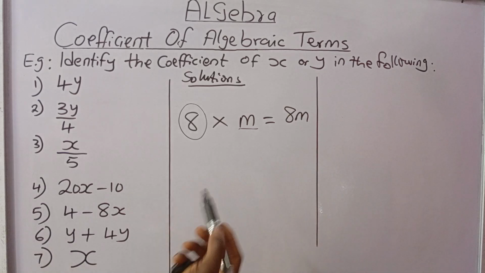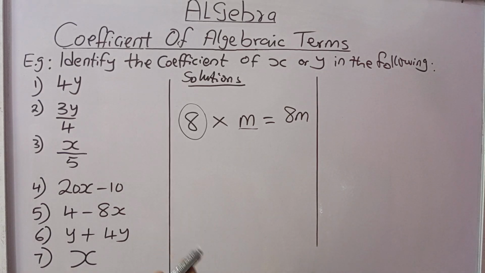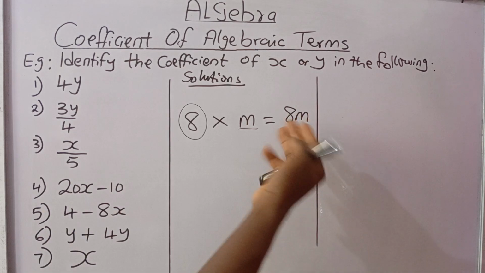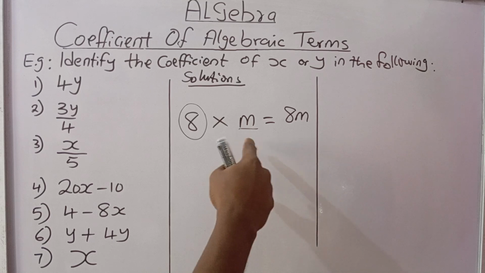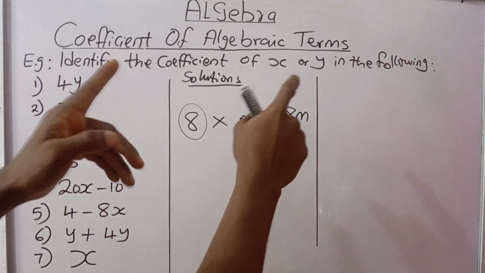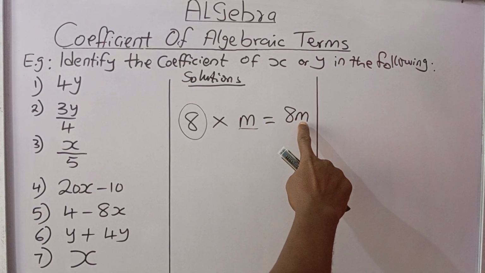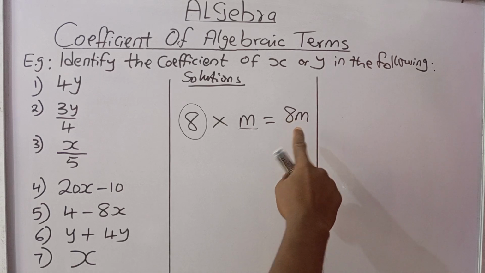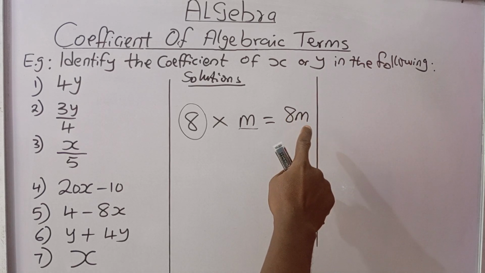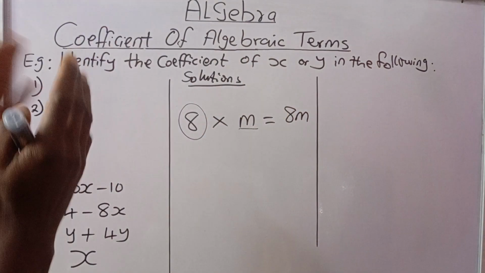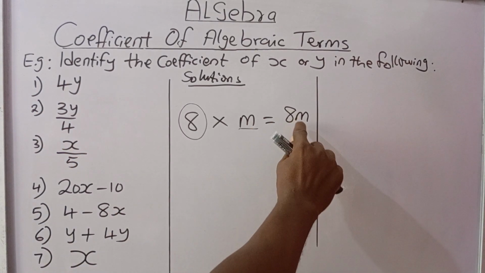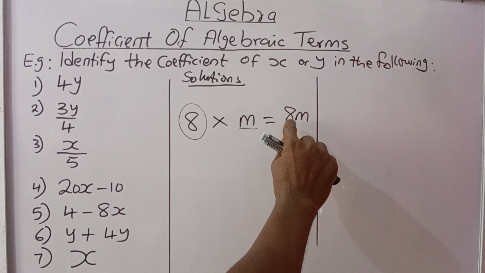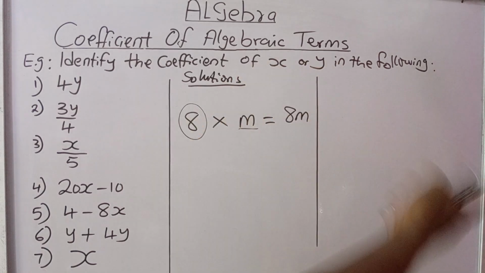So the number or the letter that multiplies a certain number or alphabet to get the product is the coefficient of one another. In this case now, 8 times m will give us 8m. The coefficient of m is 8. I can put it this way, the coefficient of 8 is m. So it has to be a product whereby each of the alphabet or number represent the coefficient of one another.